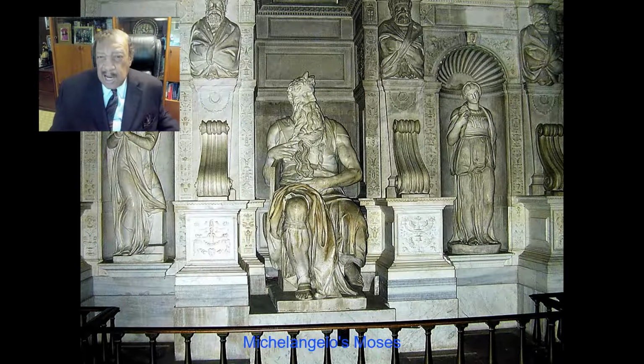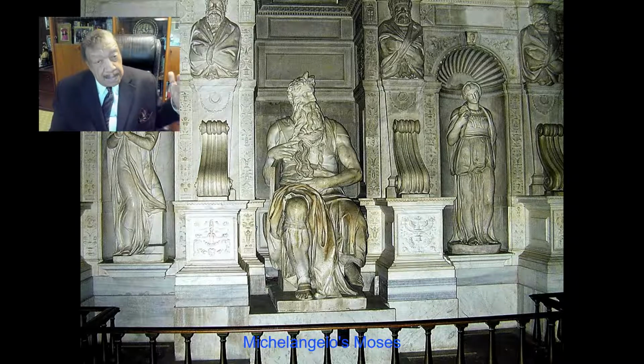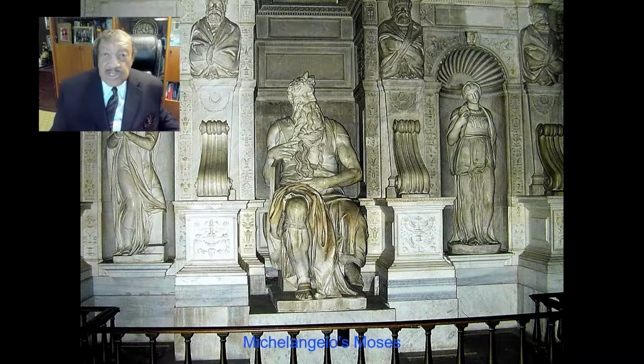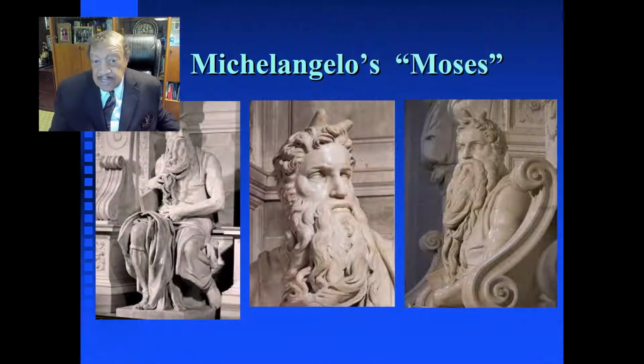And last but not least, this is his Moses. It sits around the corner in a church called San Pietro, not St. Peter's Basilica. The Pietà is in St. Peter's Basilica, but this Moses is in a church called San Pietro. And what a piece of work it is.